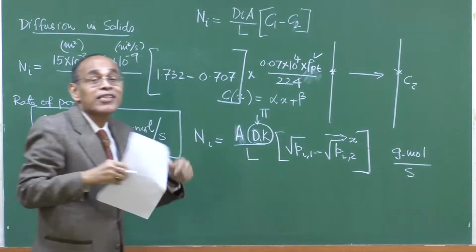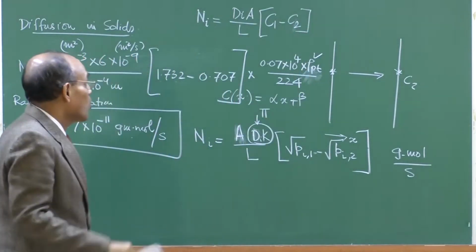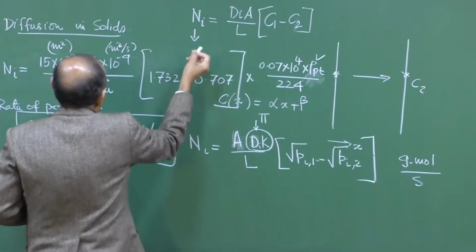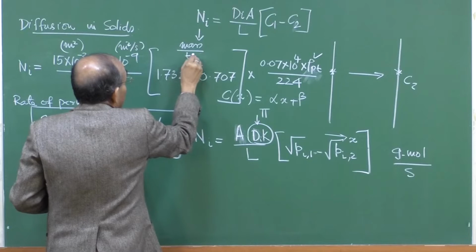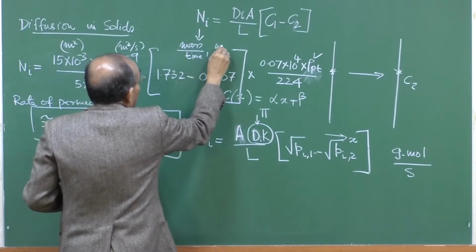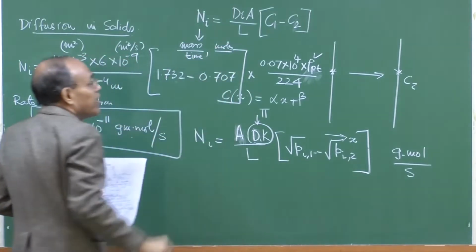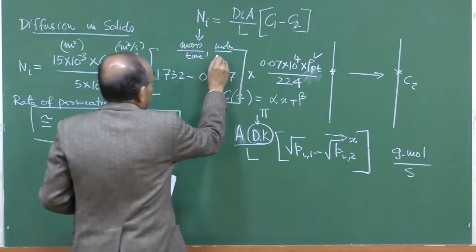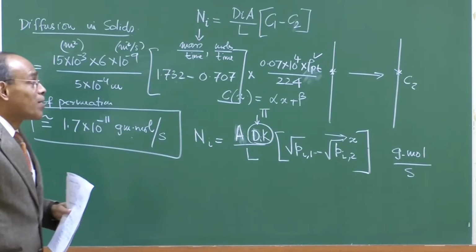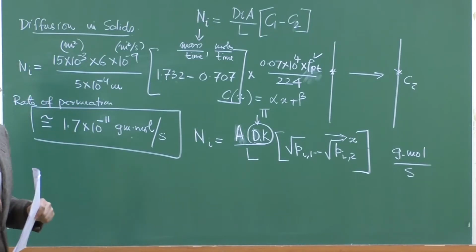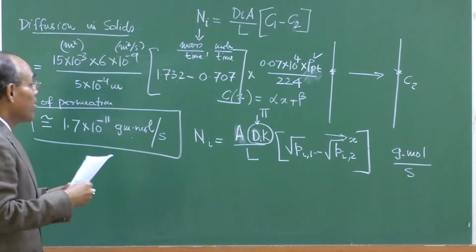Okay? So, weight percent needs to be converted, because this should come out to be, as I said, either in terms of mass per unit time or moles per unit time. That is the unit of net rate of transport. So, accordingly, be careful to substitute C1 and C2 in correct units, so that you do not make the mistake.